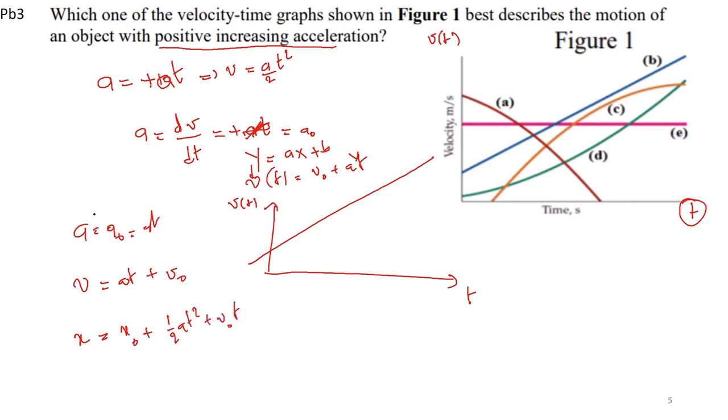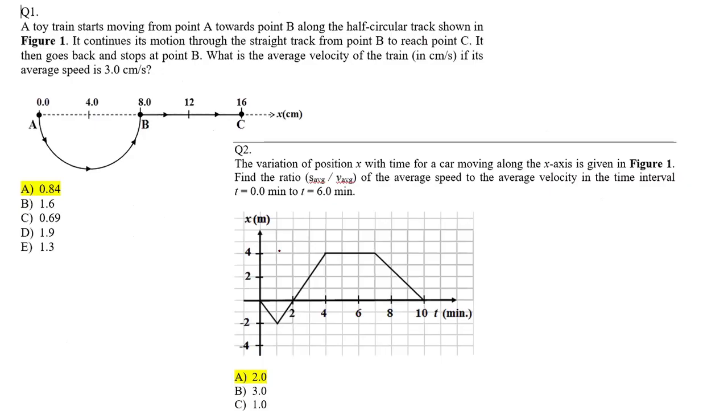You see, because the acceleration is constant, the velocity is linear, and then the position is quadratic in time. But here I said that the acceleration is linear and positive, so that means the velocity is quadratic. So it will be a parabola, and the position will be t cubed. Okay? Anyway, let me go to the next problem.